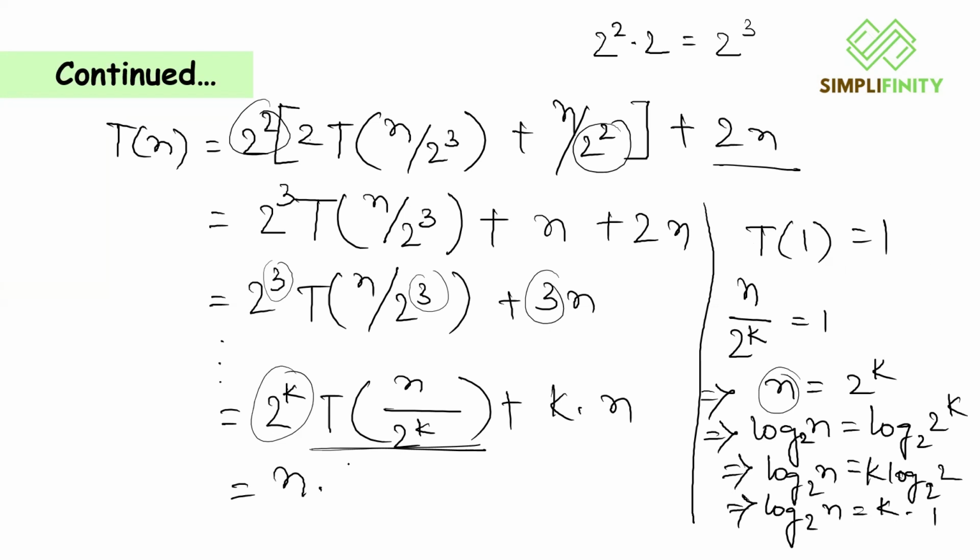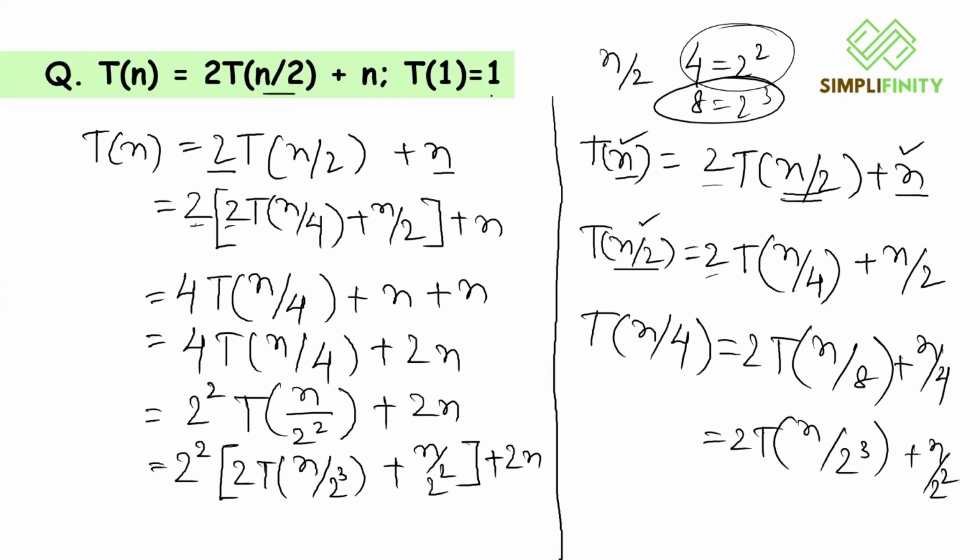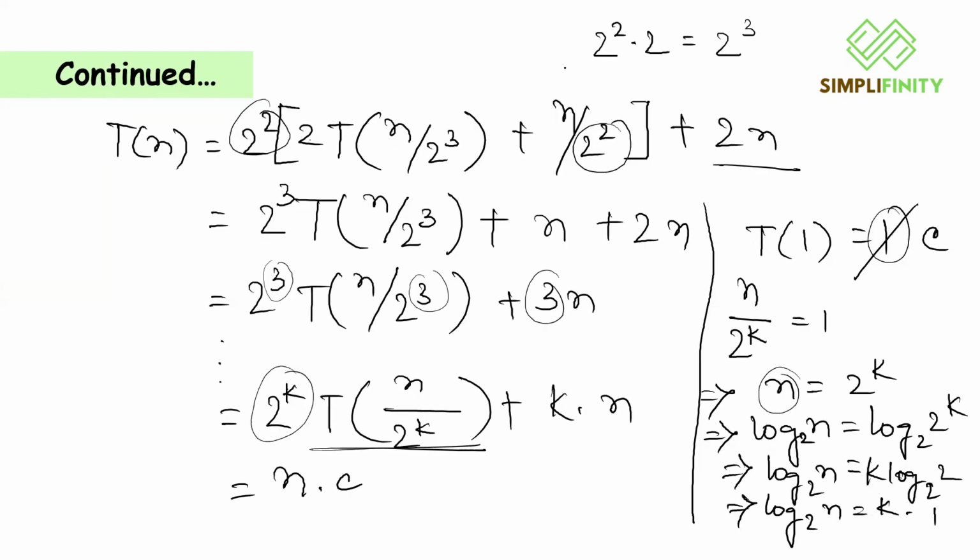What is this? T of, yeah. So let's not consider this as 1. We can consider this as c also. It's a constant. Not always 1, it can be c. C is a constant. So we are going to multiply this as c. I'm going to change this over here also. Yeah, make it c, constant. Let's be on the safe side. Plus k. What is k?